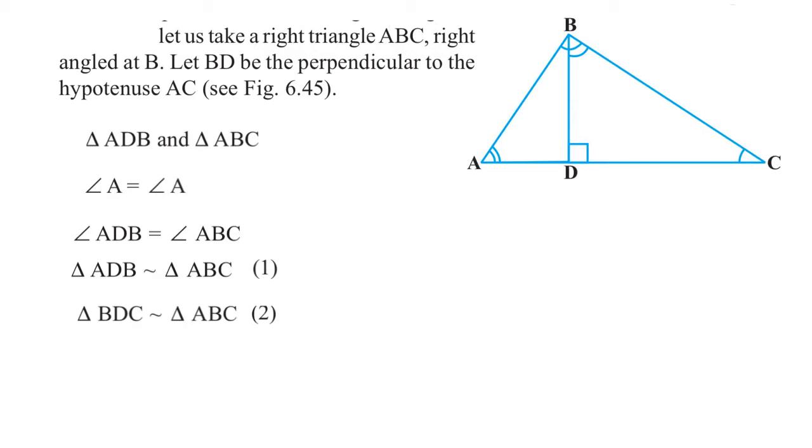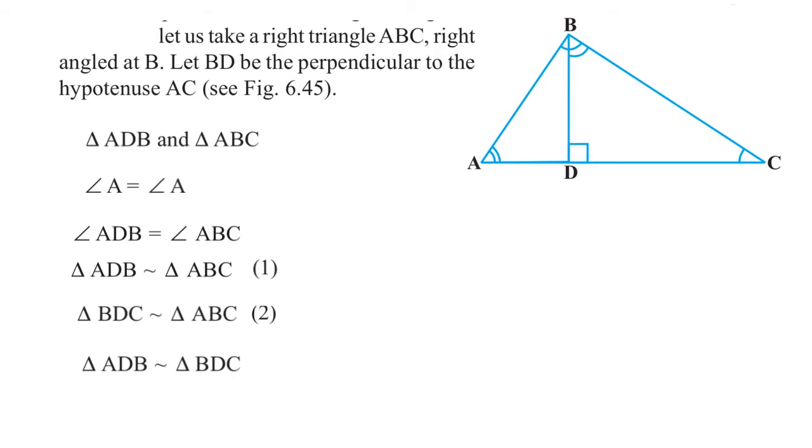So can we say that ADB is similar to BDC? So if triangle ADB is similar to ABC and triangle BDC is similar to ABC, then triangle ADB is similar to BDC.